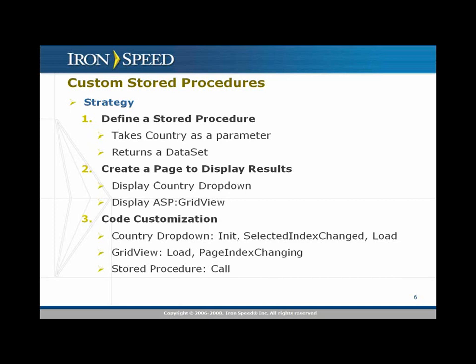We'll also set up the load so that we can populate the drop-down with the list of countries from the customer database. And then we're going to populate the selected index. We're going to call the selected index change so that whenever your user changes a particular country in that drop-down, we load the data grid.